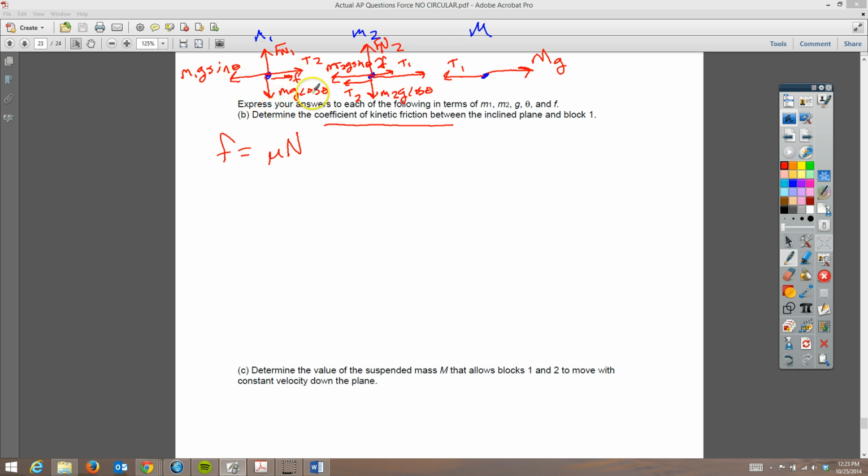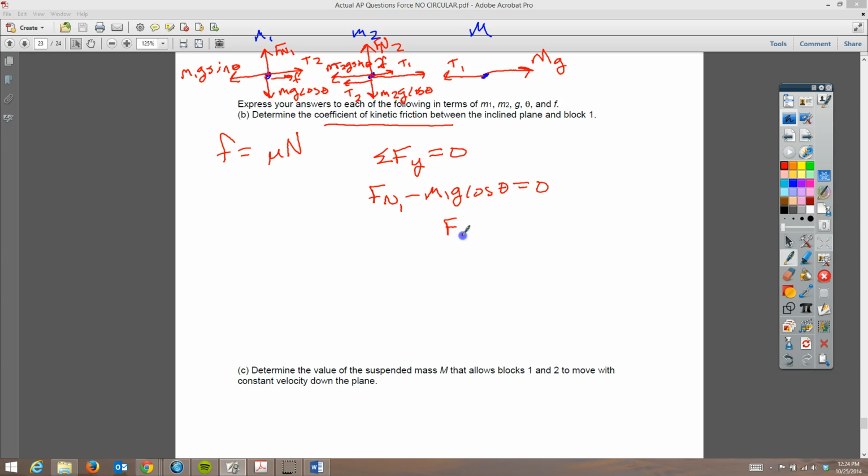Let's go ahead and just look at M1 here. And we know that the sum of the forces in the y direction are equal to 0. So the sum of the forces here would be Fn1 minus m1g cosine of the angle is equal to 0. So that comes from this right here, Fn1 minus m1g cosine of the angle, which is going down.